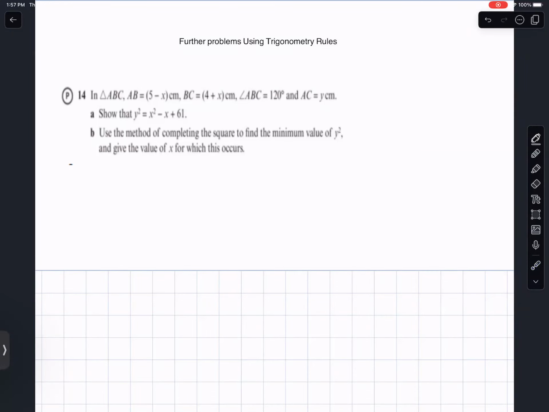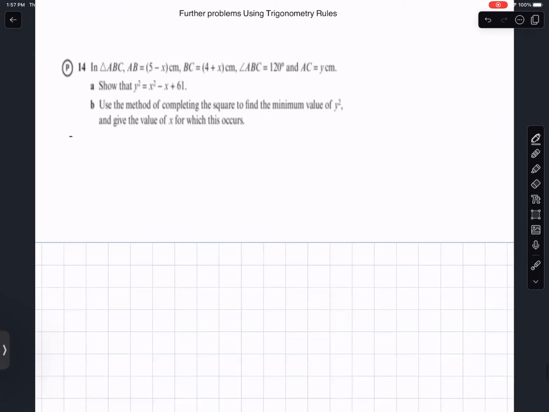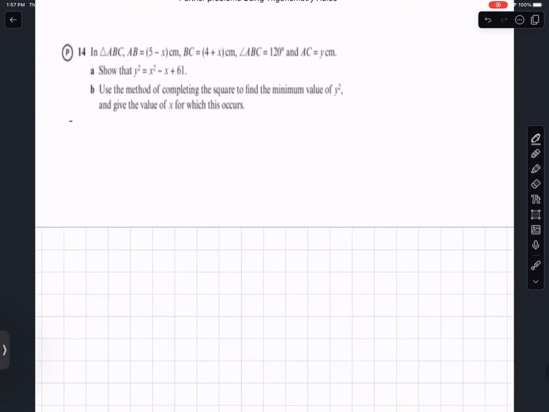So we'll be showing that. First of all, draw your triangle ABC. I'll draw my triangle to make work easier. So this is my triangle ABC.